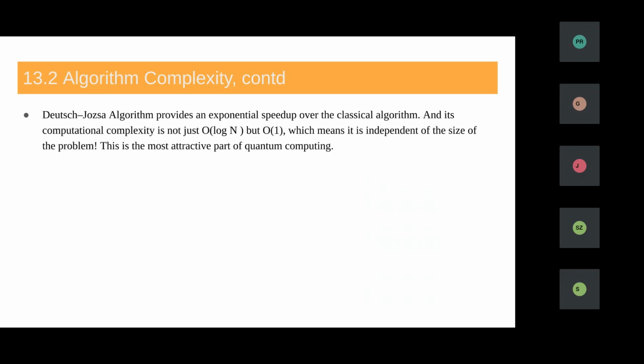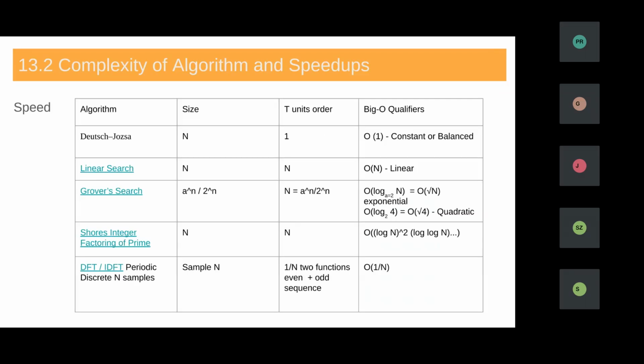So the order is not n but log n. When you say log n, if it is log to the base 10 and n is equal to 10, then 10 to the power 1 gives 10, so the order becomes 1. So basically size does not matter, you can keep any size, but you will always be able to compute in one shot, and that is what the complexity is. So for the Deutsch algorithm, we can do it with 1.